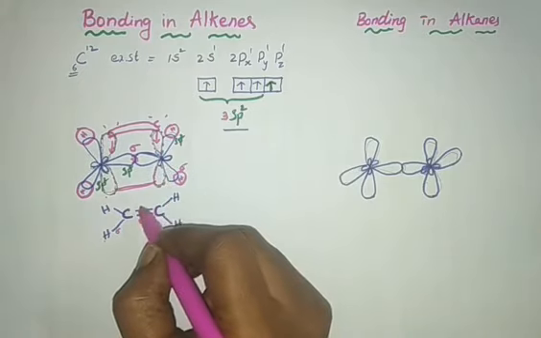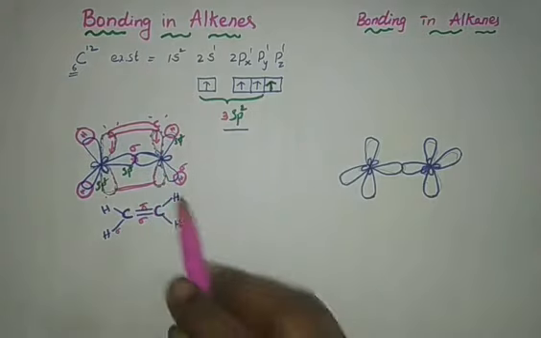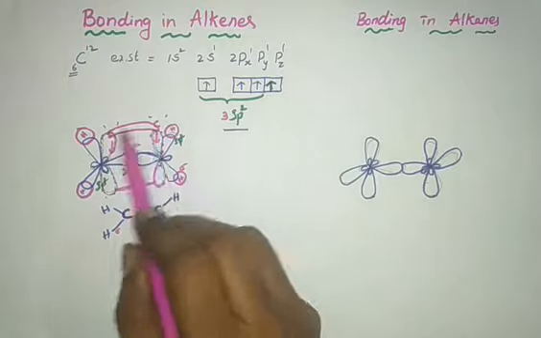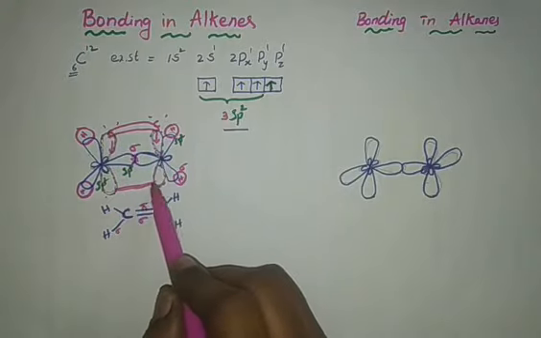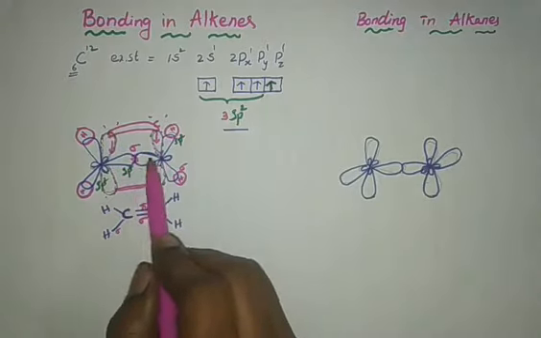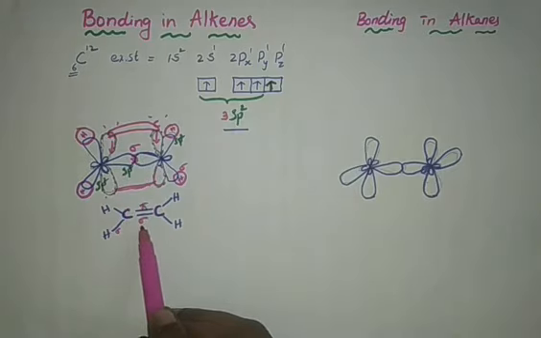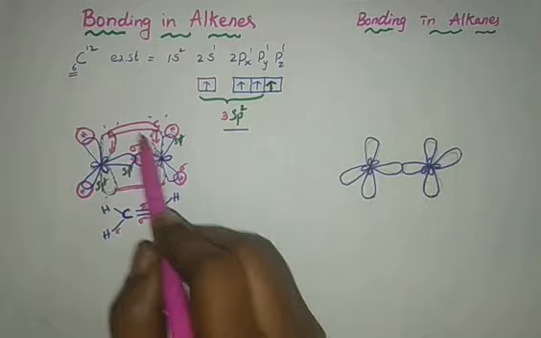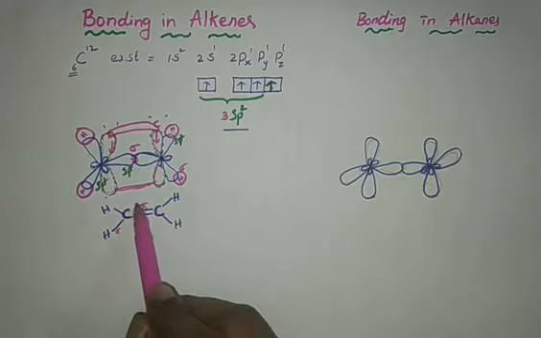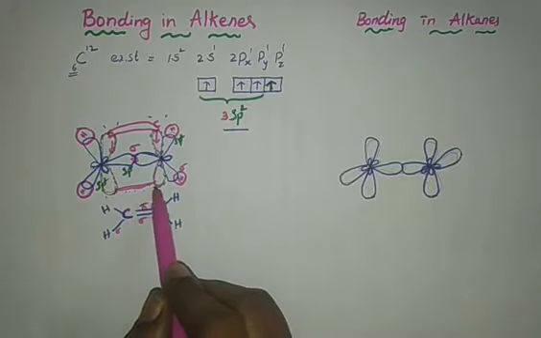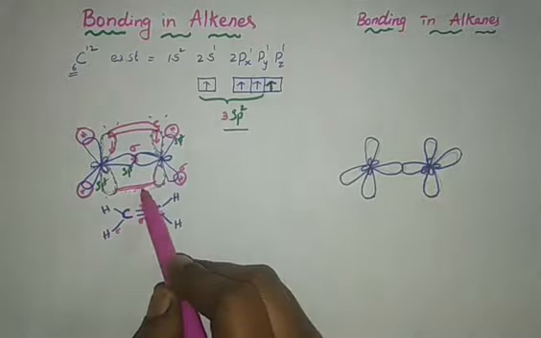Right? So this is the pi bond. So due to this sidewise overlapping, these electrons are loosely held compared to the head-on overlapping of the hybrid orbitals which forms the sigma bond. That's why the sigma bond is stronger than the pi bond. Right? So here is my pi bond formation of alkene.